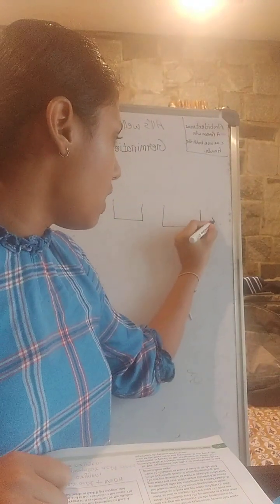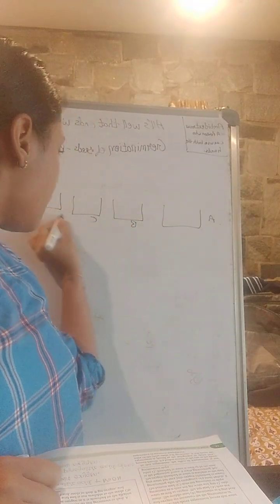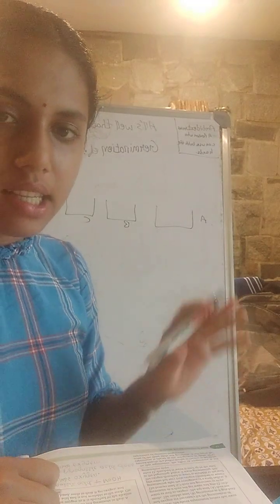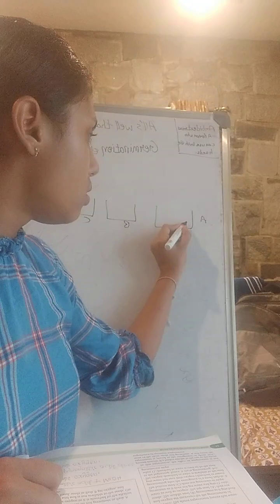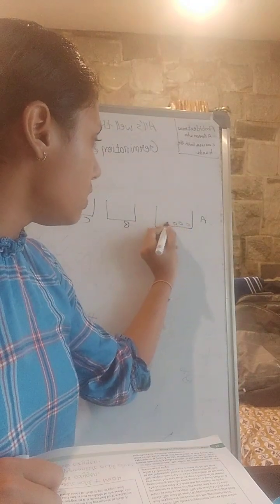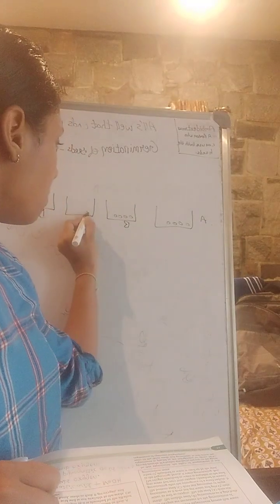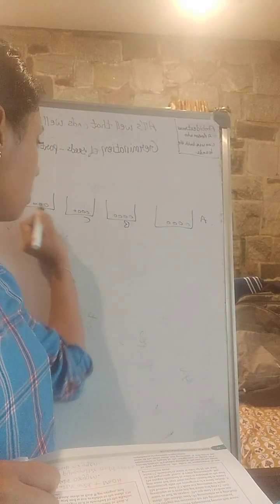We will keep equal seeds in each of the 4 petri dishes. So 1, 2, 3, 4, and the same in each dish.